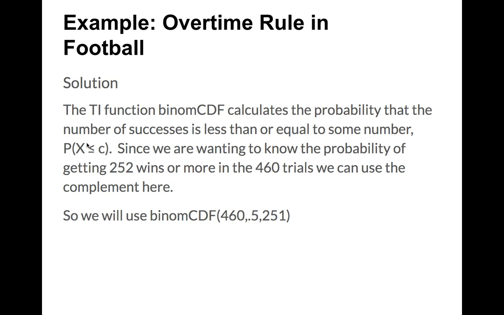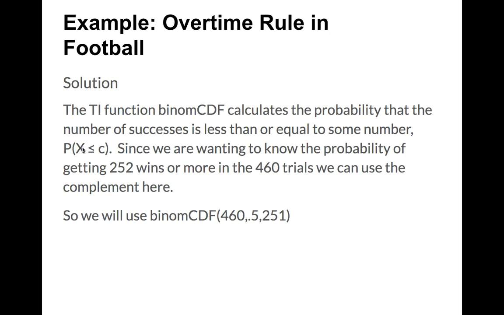So if we want to know the probability of getting 252 wins or more, what we have to do for binomial CDF is actually do the complement. So the opposite of getting 252 wins or more is getting 251 wins or less.